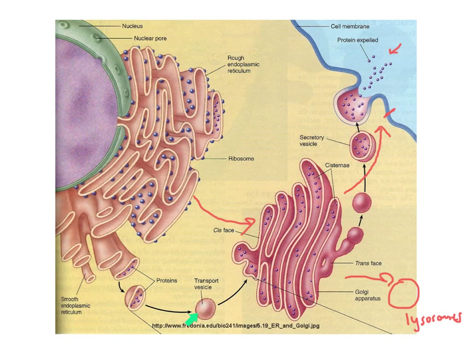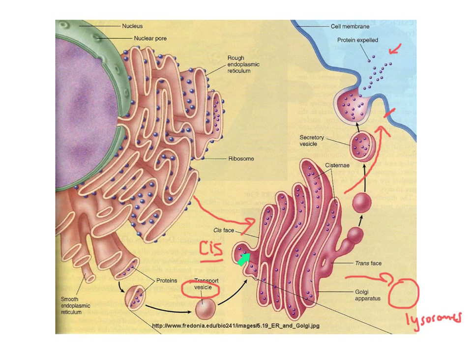And a vesicle is basically just a droplet of membrane filled with substances, filled with proteins. So the vesicle carries these proteins from the rough ER to the cis face of the Golgi apparatus. And it's called the cis face because it's closest to the rough endoplasmic reticulum. It's the side that faces the rough endoplasmic reticulum.